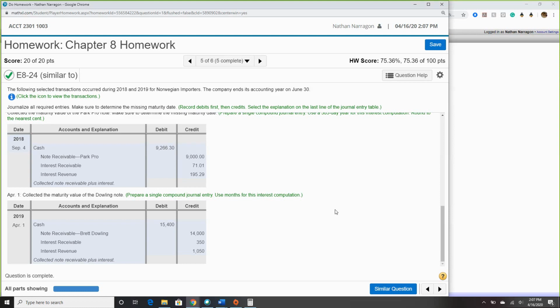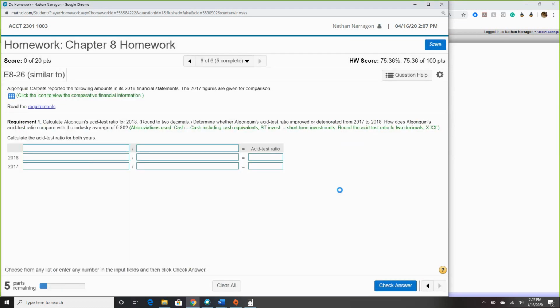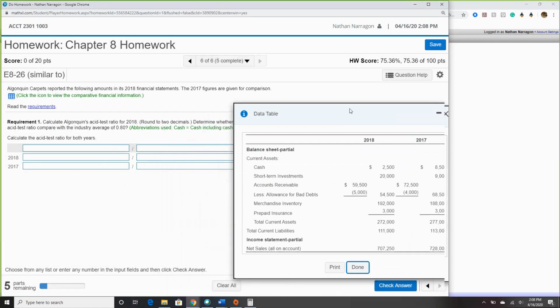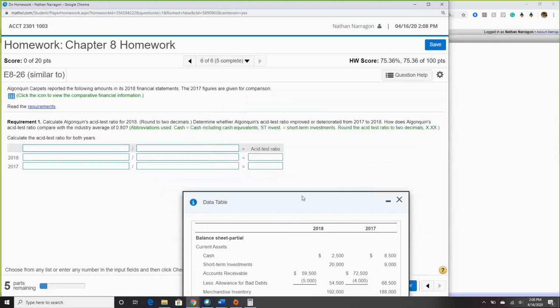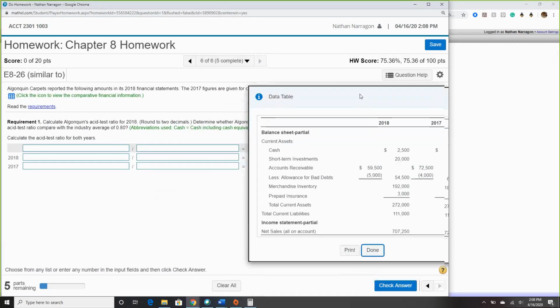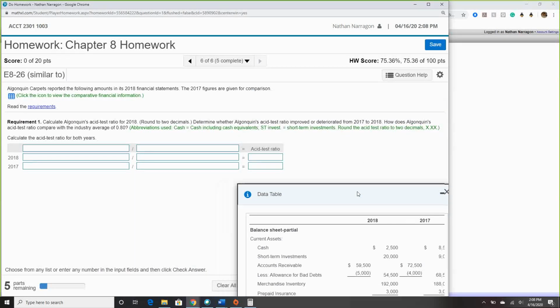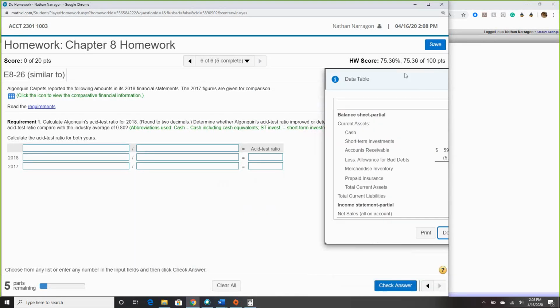Question 6. Question 6 is our good old ratios. So we're kind of going to need this little chart. Of course, I can't put it anywhere if I'm looking at the chat at the same time.